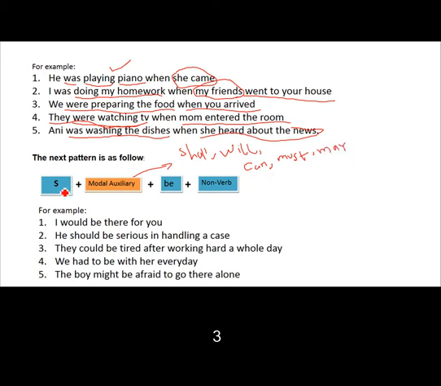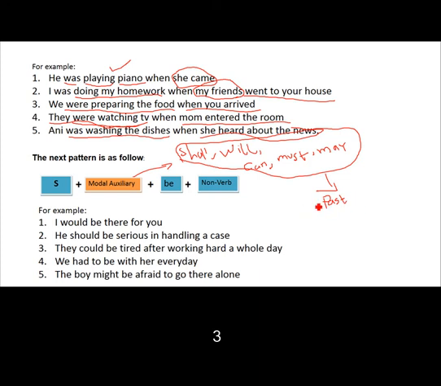If you want to make it in the past, this modal auxiliary, shall, will, can, and must, we have to make them past, not the verb, not the be.